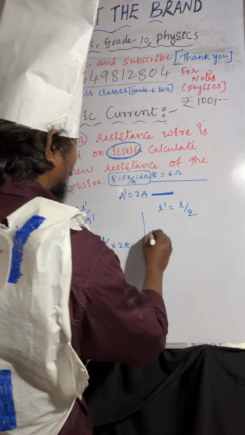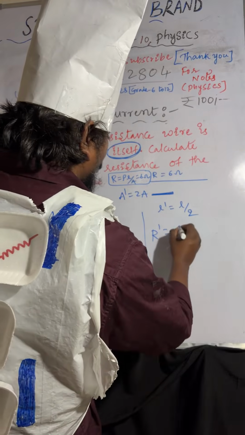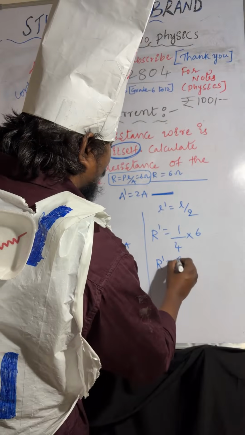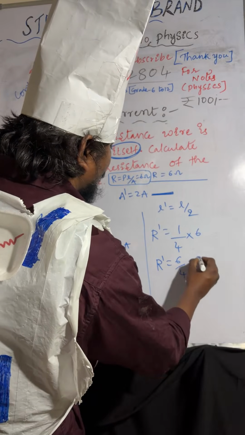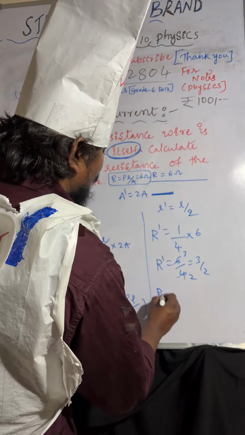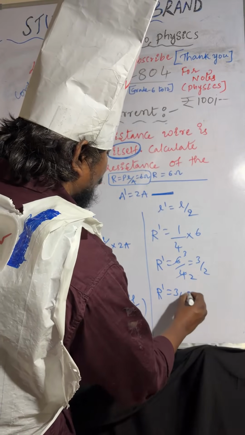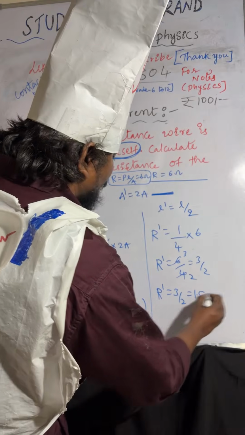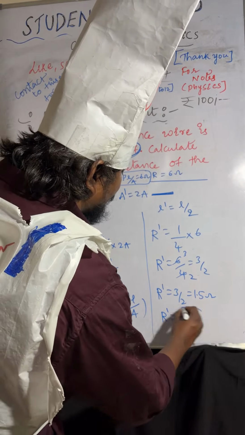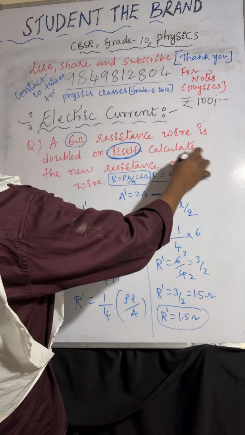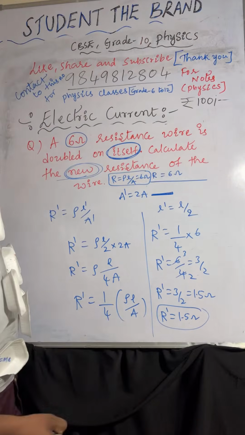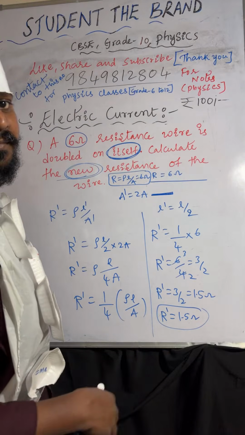R dash equal to 1 by 4 into 6, that is 6 by 4, which is 3 by 2. So R dash equal to 3 by 2, that is 1.5 ohm. That is the required new resistance. R dash equal to 1.5 ohm, that is the answer.